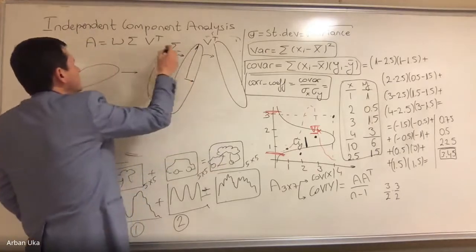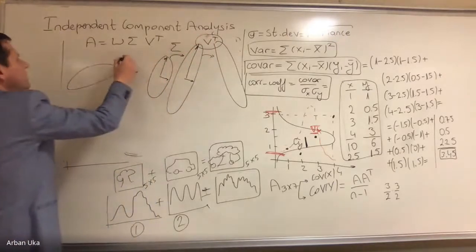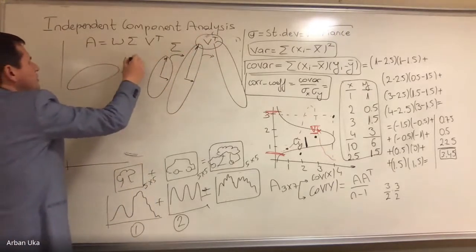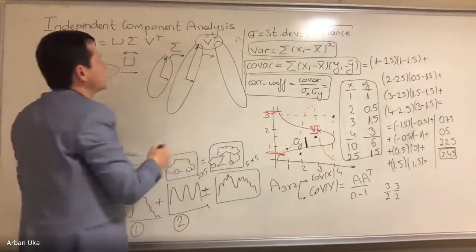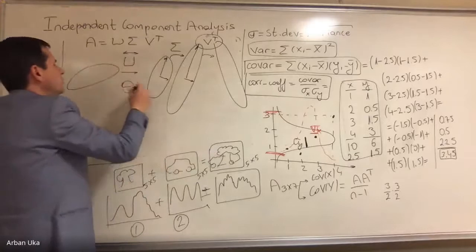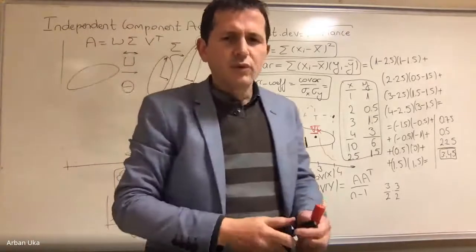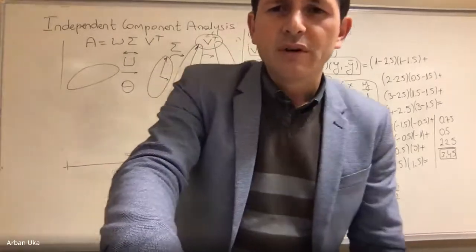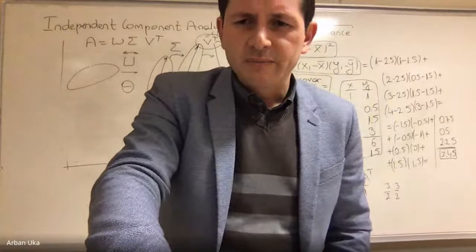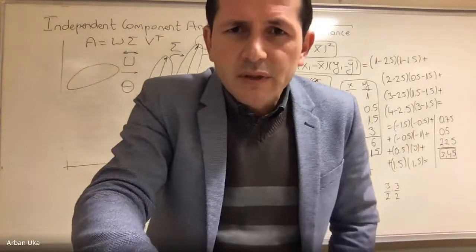So this is tricky, or this is essential. So we have here a matrix. This is also a rotational matrix U. This is also a rotational matrix V. So we need to find out what these two angles are. Okay. So whenever we work with a data set, in essence, we are going to see these. Okay. Now let's try.